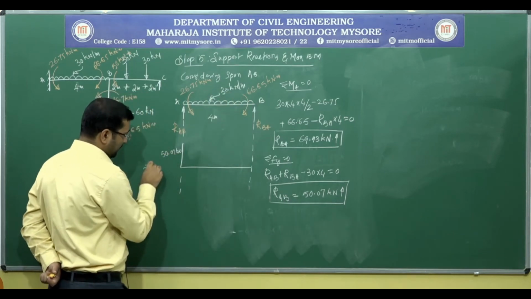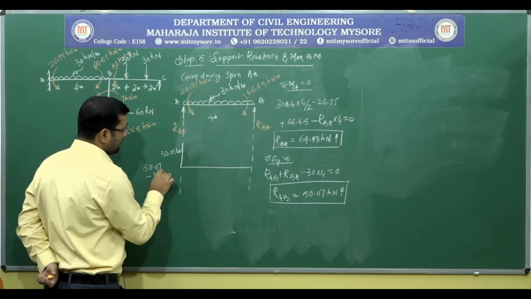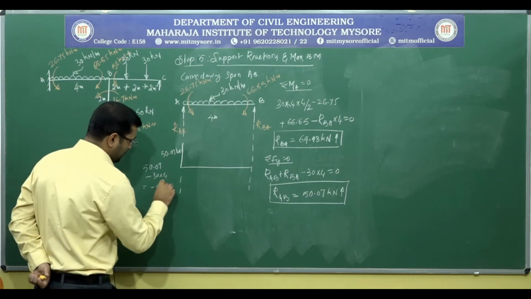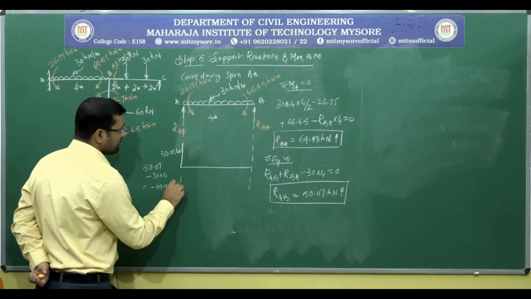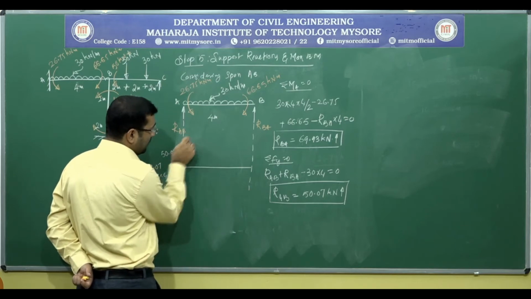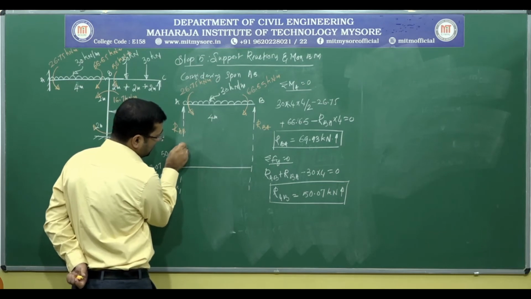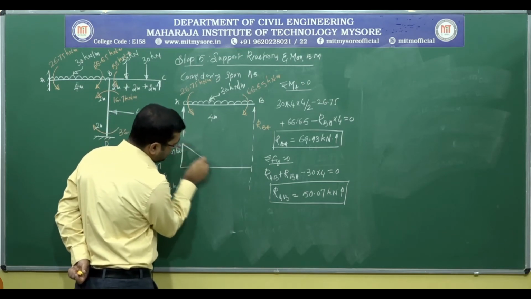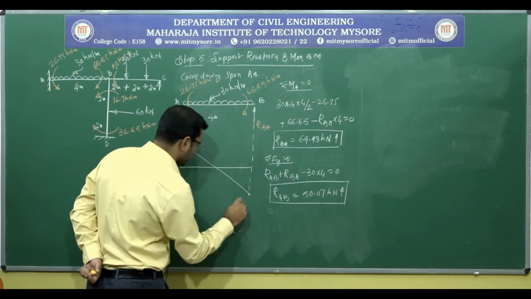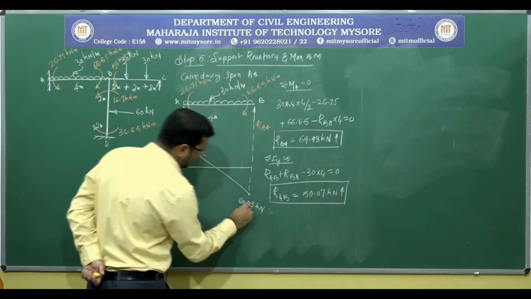So it is 50.07 minus 30 into 4, which gives a negative value, minus 69.93. It is a negative value, so I have to take this shear force diagram on the negative side. Because of the UDL the variation is linear, so here it is minus 69.93.